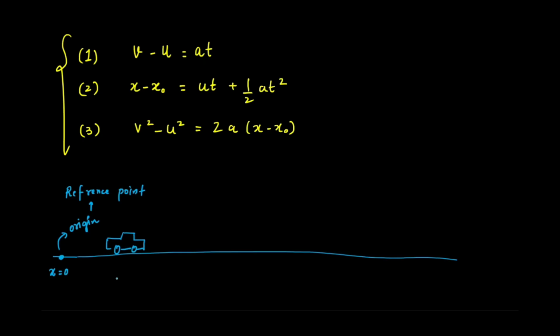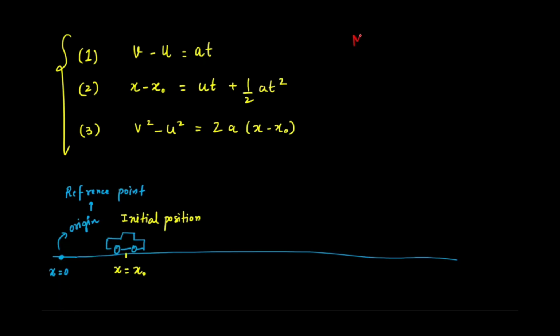So I assume that initially the car was at this point. So this is the initial position of the car. I assume that it has some coordinate x is equal to x naught. First of all, I will make you understand the motion along x-axis only.